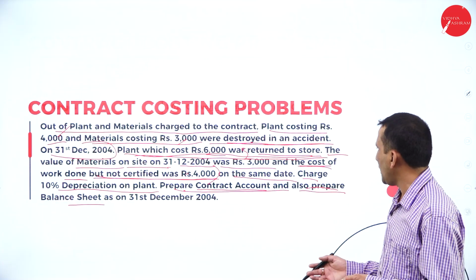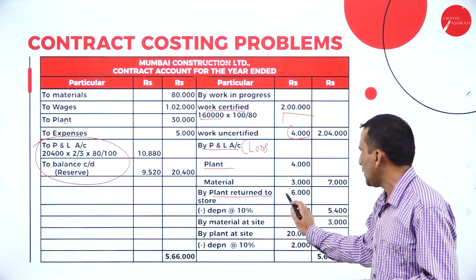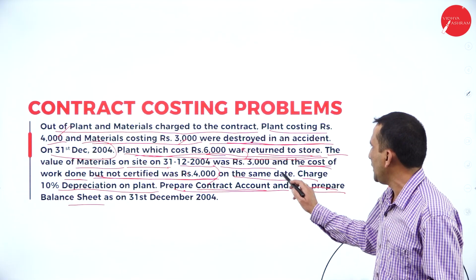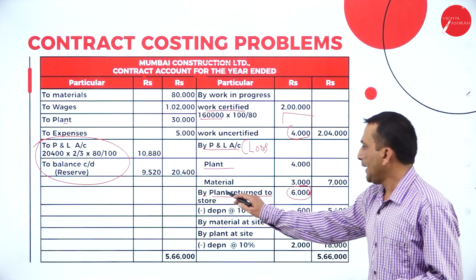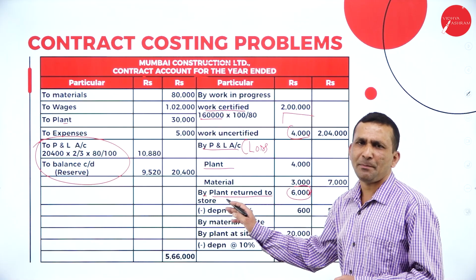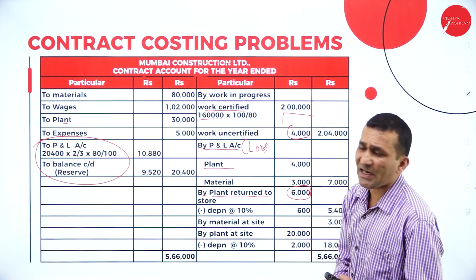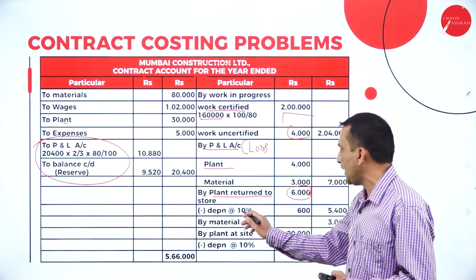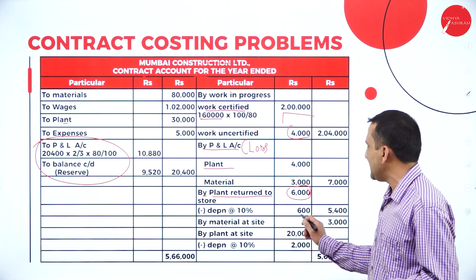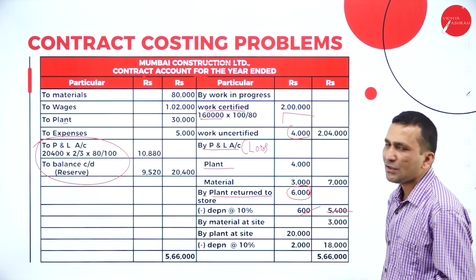So the return to the store is 6,000, which is clearly given in the question. You have to subtract the depreciation because the plant has been used, so you reduce the depreciation at 10% on the original cost method. 6,000 into 10% means 600; after subtracting, 5,400.